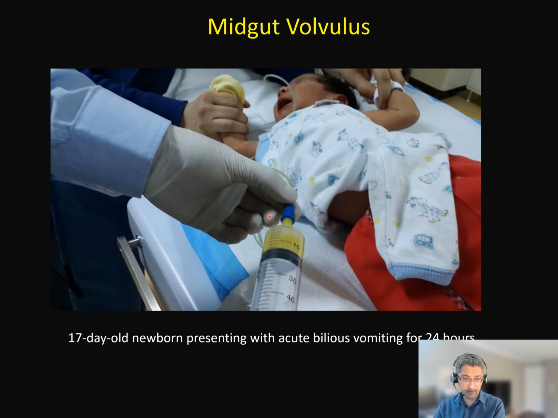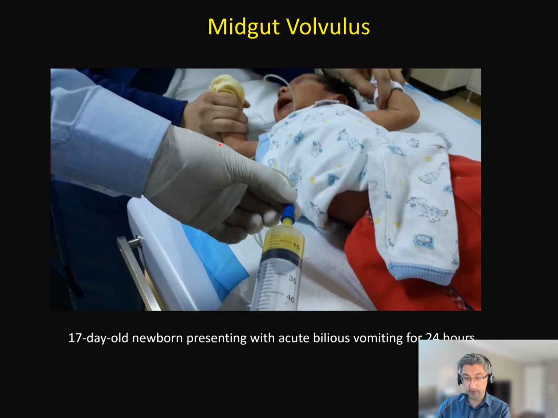Here you can see the color, it's yellow, and this is bile, but a typical bile is green. So bile can be green or yellow like this. When it's green, it's more reliable. You can be sure that it's bile. When it's yellow, this can be bile or some other secretions as well.